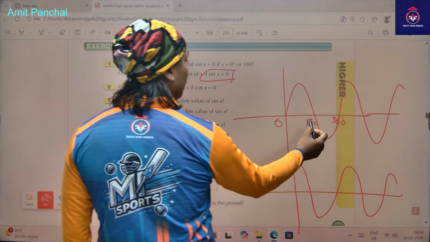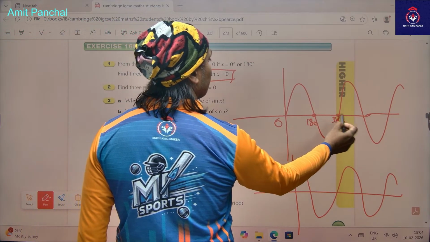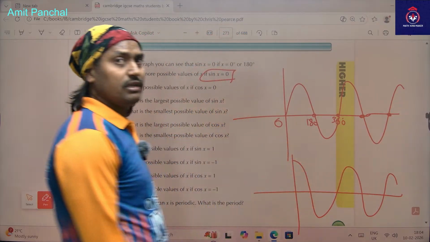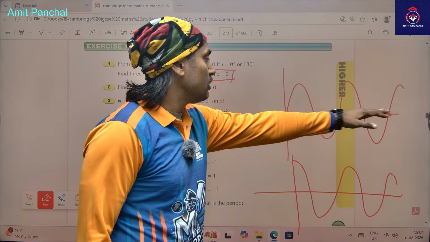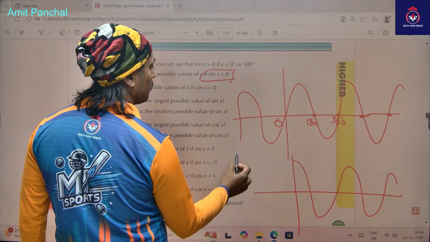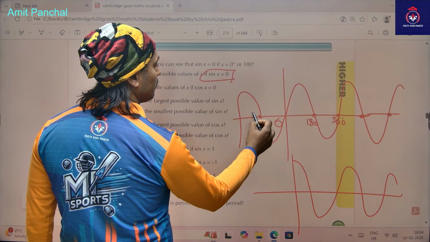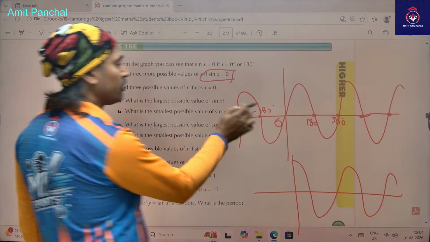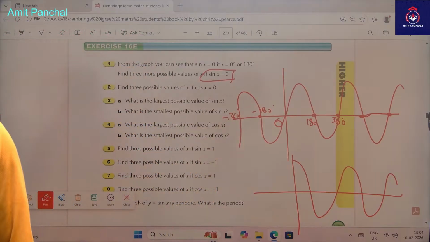It is 0 at 180 degrees, at 360 degrees, 540, and 720. These are more values. If you go negative, that is -180 degrees, -360 degrees, that will also give you the value of sin x as 0.